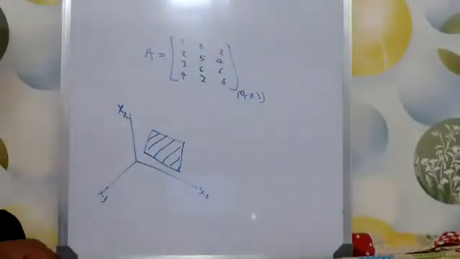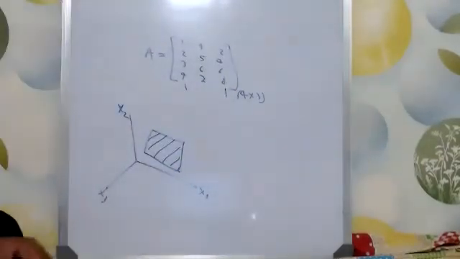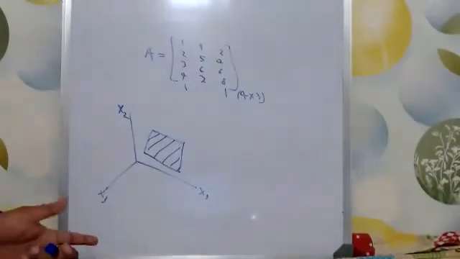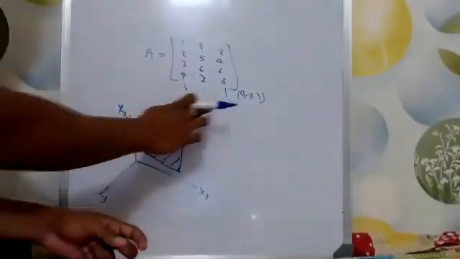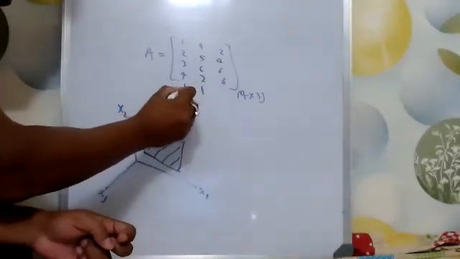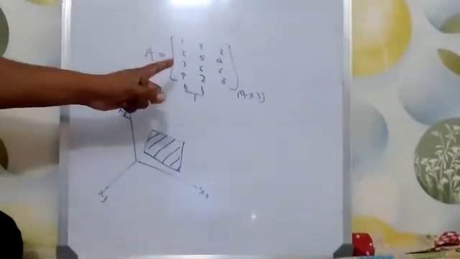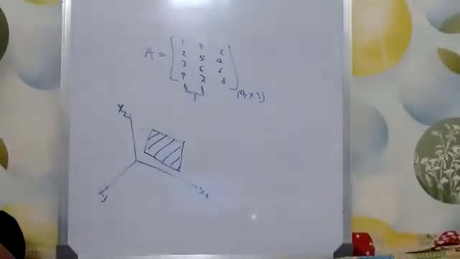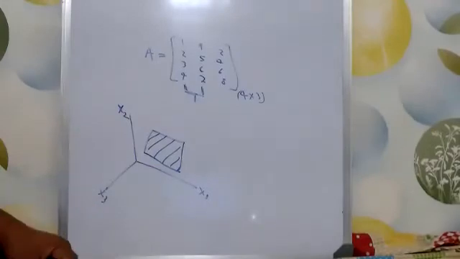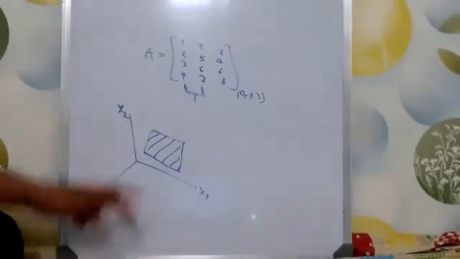Now these two are dependent, so I can select any one. I selected this one and I didn't select that one. So this one is my independent vectors of the column space. Now what is the dimension of this vector? 4.